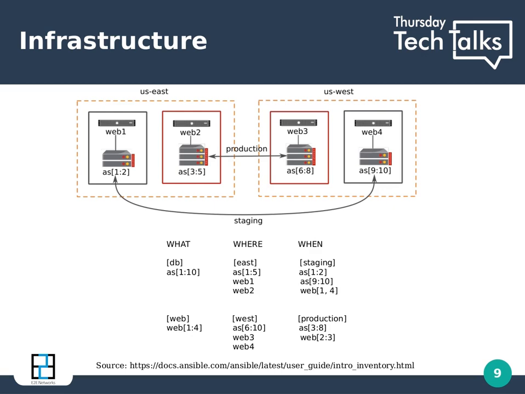So this is an example of Aerospike database cluster and web servers across 2 different regions, and you have both staging and production environments. The format described here is the example of the Ansible inventory group.